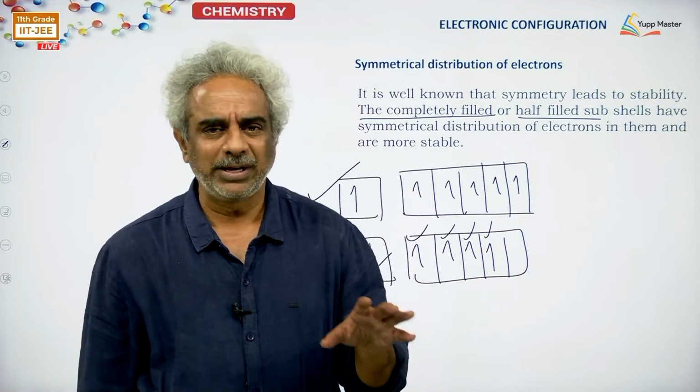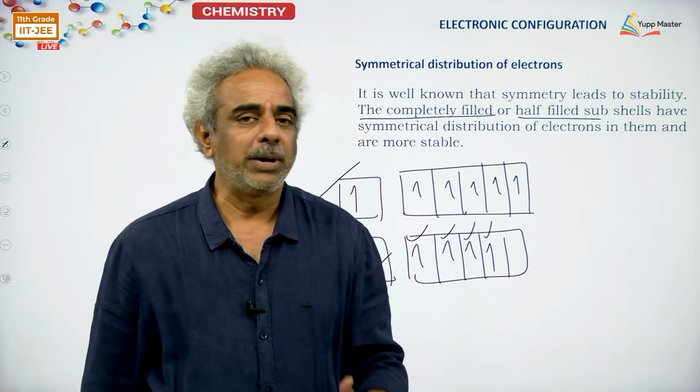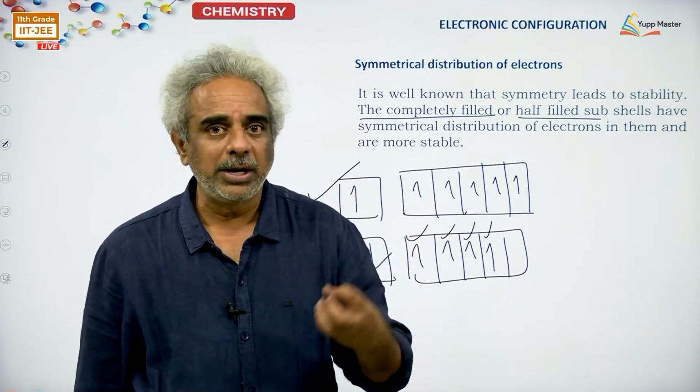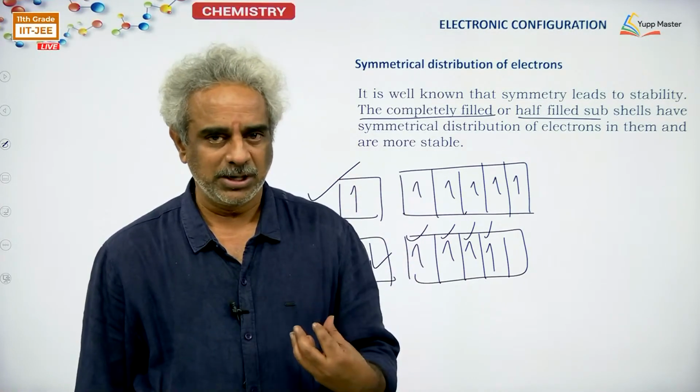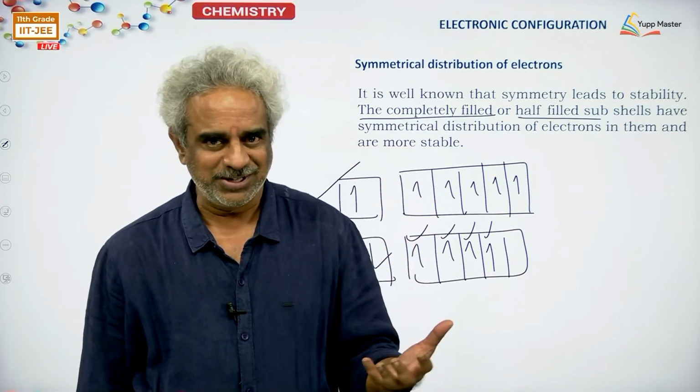All the things we can explain on the basis of electron configuration. Now we will switch over to the periodic table and we will try to enjoy the placement of elements in the periodic table with reference to their electron configurations and properties in our next session.